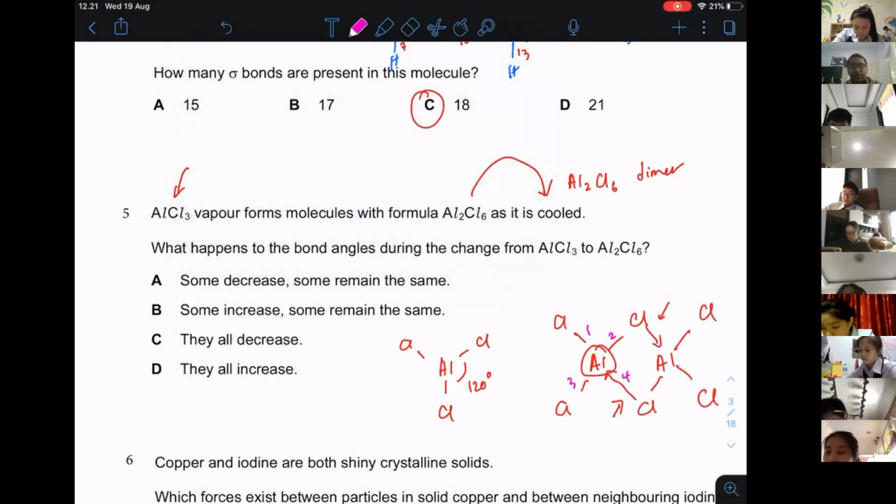With 4 bonding pairs, that is going to be tetrahedral, which is 109.5 degrees. So what happens to all the bonds over here? All the bonds actually change from 120 to become 109.5, so they all decrease.